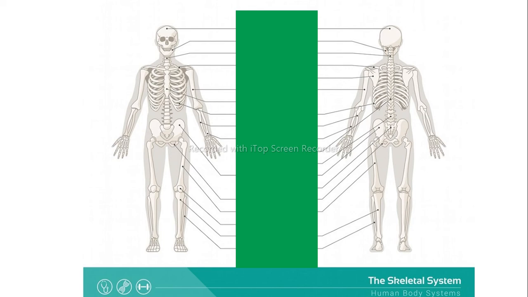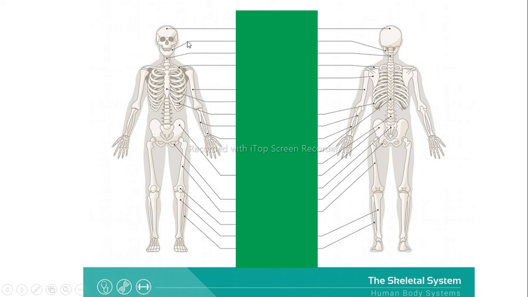Okay. You're first. The first one is, what is this point to? Cranium, skull. Cranium or the skull. Good. The next one points to the mandible. Jaw. Mandible, or the lower jaw.